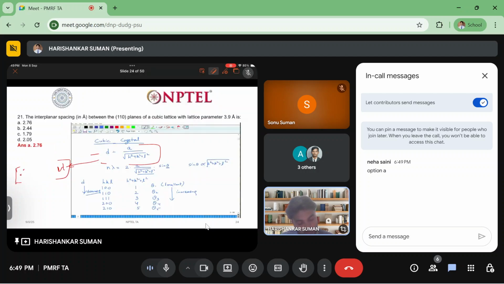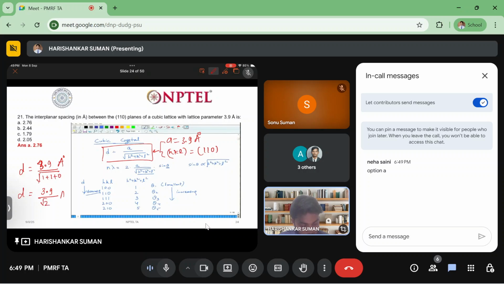Let me show you, one minute. Answer will be a, but how? Let's see. This is the equation. a is already given in angstrom, and hkl equal to 110 is given. Use these in this equation. d will be 3.9 in angstrom divided by root of 1 plus 1 plus 0, which is root 2.